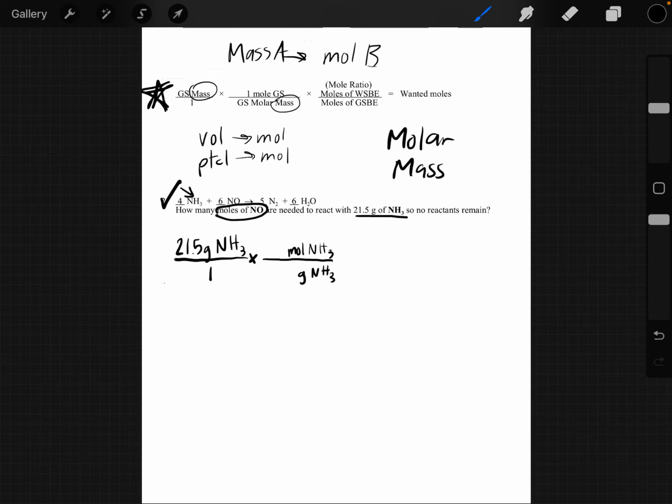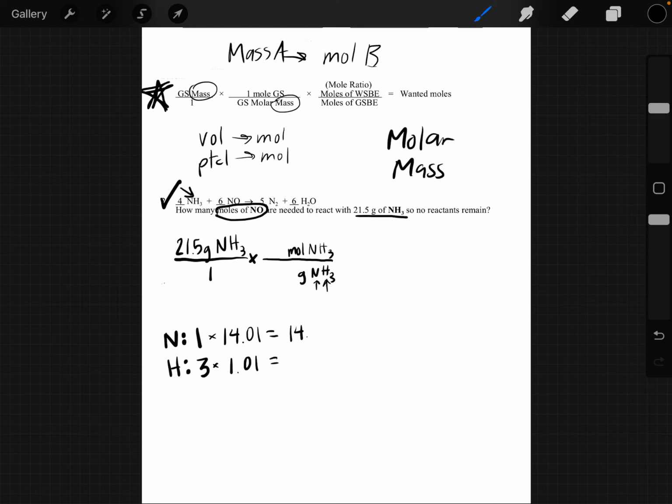So really fast refresh for molar mass. You're going to take whoever your substance is. So we have nitrogens and hydrogens in ammonia. We're going to say, okay, right there's 1 nitrogen and there's 3 hydrogens. And on my periodic table, the mass of 1 nitrogen is 14.01 and the mass of a hydrogen is 1.01. So I'm just going to multiply those numbers that I found.